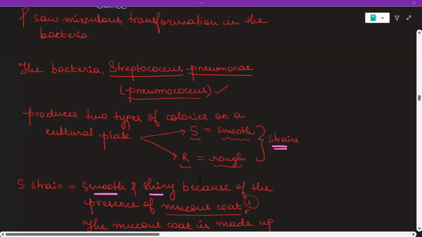You can't grow it just like that. So a media is required, and a culture plate is like a petri dish which contains the media for the bacteria or anything of that sort to grow. So that is what the culture plate is. It's like a petri plate that has the media so that the bacteria or the virus can grow. Is it clear?